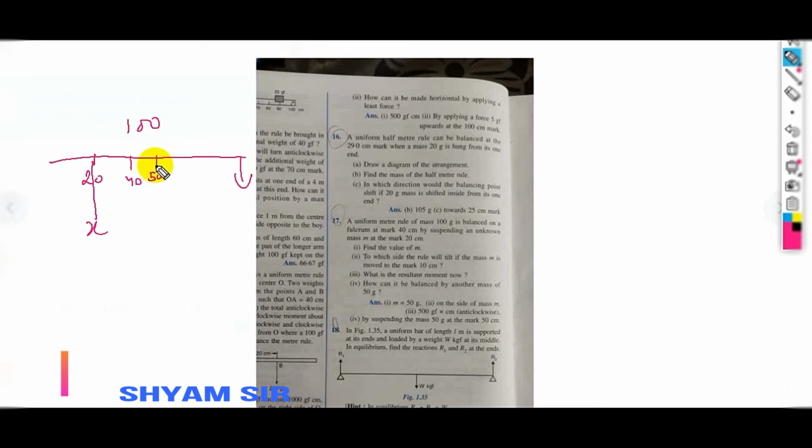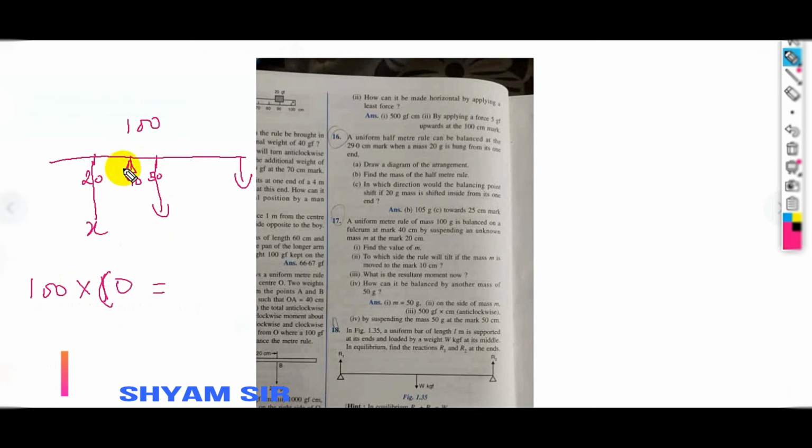The weight of the scale will act at 50, but shifted. So the whole scale weight in the clockwise direction is equal to the mass into the fulcrum distance. The whole scale weight, 100 gram, will act at 50. What is the distance from the fulcrum? That is 50 minus 40, that is 10 centimeter.